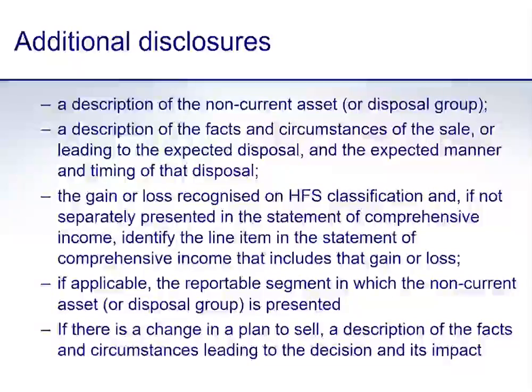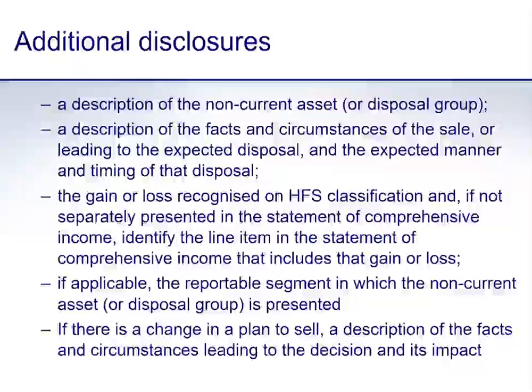One last thing that I have not spoken about, which also forms part of IFRS 5 and has come through as an amendment in the last year as part of the improvements project from the IASB, is this.